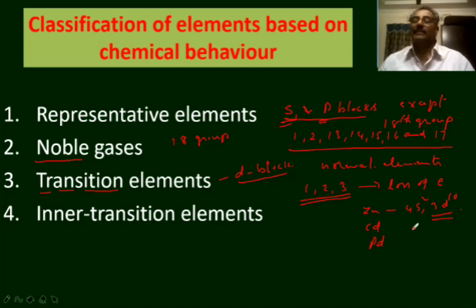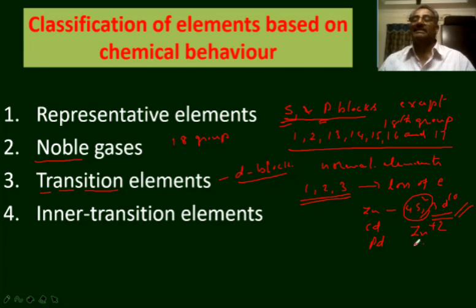In the compounds of zinc, zinc is in the +2 oxidation state. In this also, the 4s electrons will be removed in the formation of Zn2+, but there is no change in the electrons in the d orbital. Still in the compound, zinc has completely filled d orbitals, no unpaired electrons.